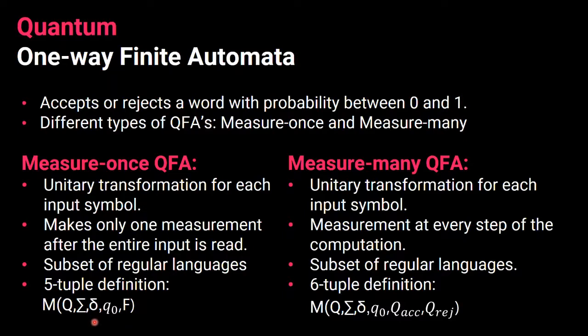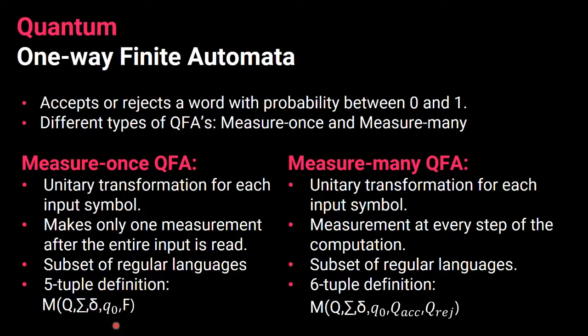The unitary matrices will be applied one by one until the input string is completely read. And then finally, a projective measurement is going to be performed on the final state. This projective measurement will decide whether the input is going to be accepted or rejected.